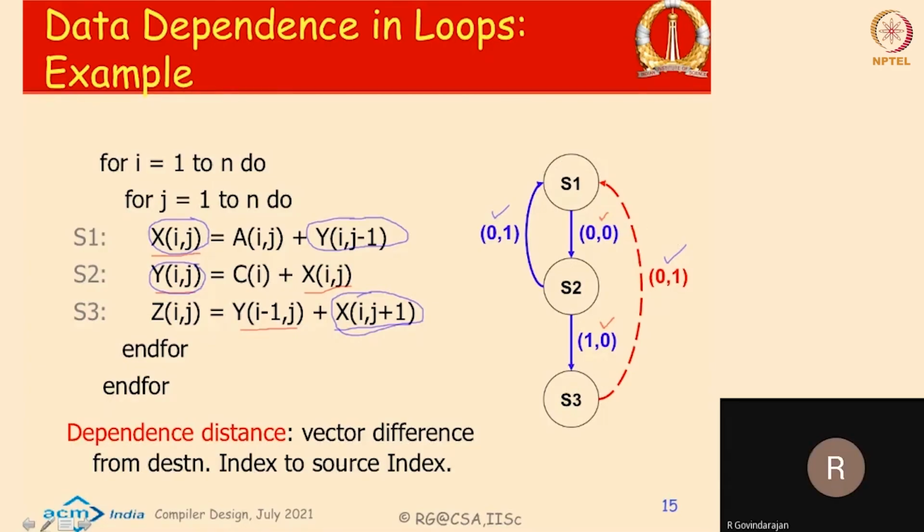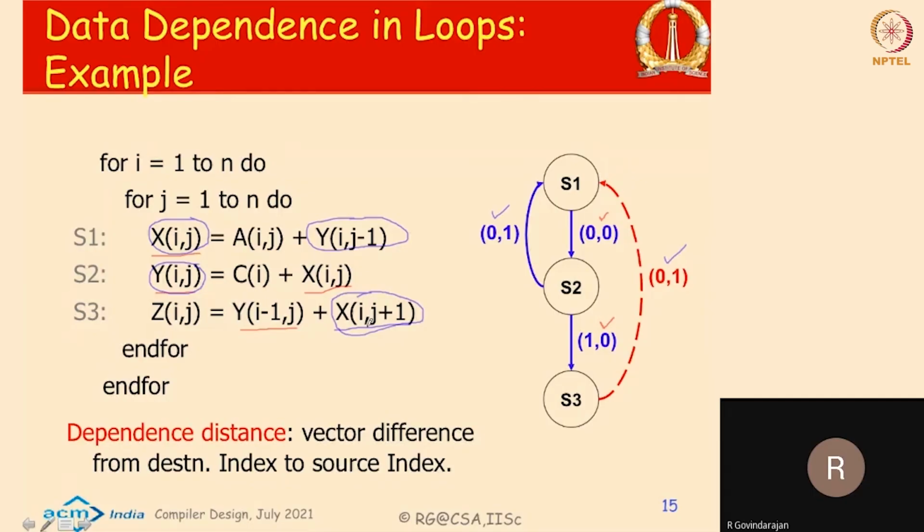Okay, so this is the anti-dependence that we are talking about. Here a value has to be consumed from location x of I comma j plus 1 before that location is rewritten. For example, let us say I is equal to 5 and j is equal to 6. So you are talking about location 5 comma 7.